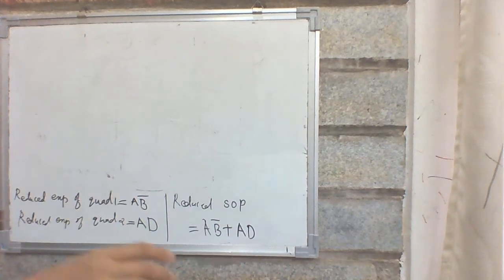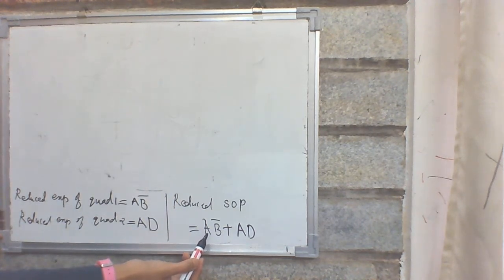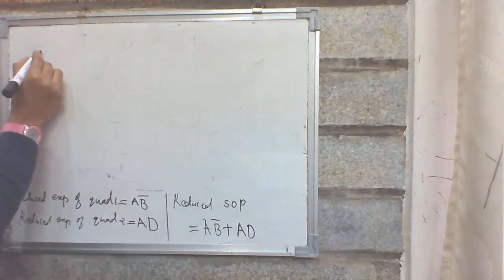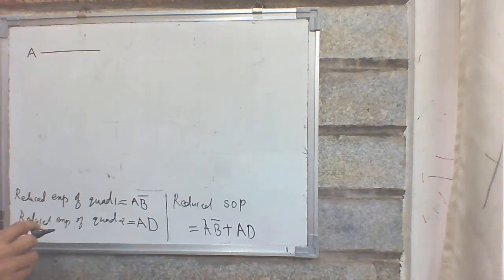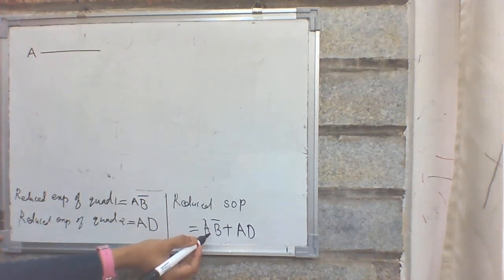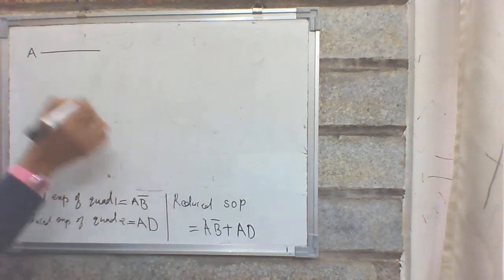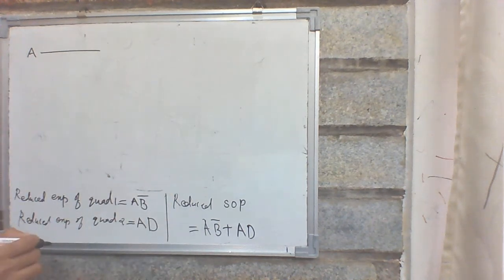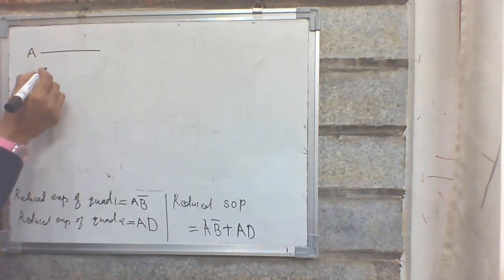Then to draw the diagram of this AB bar plus AD, first check the first variable A. We can draw the A. Okay. Next, which one is there? A, B bar. Next, B bar. How to find out the B bar? Which logic gate is required to represent B bar? NOT gate.